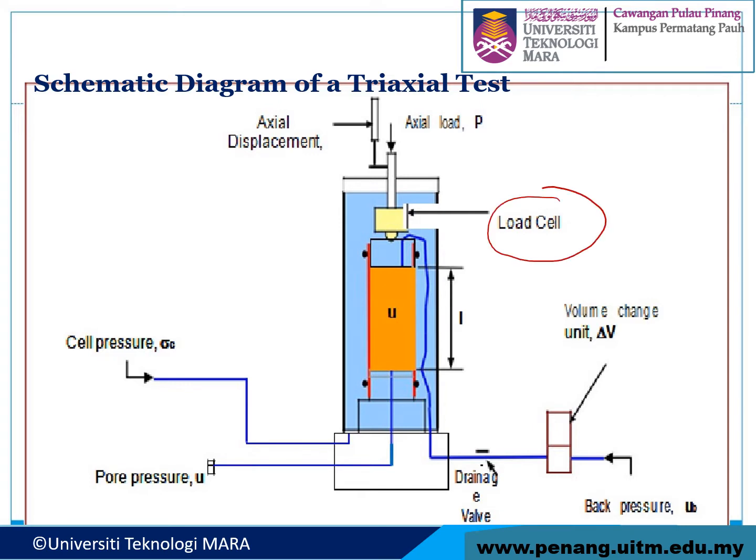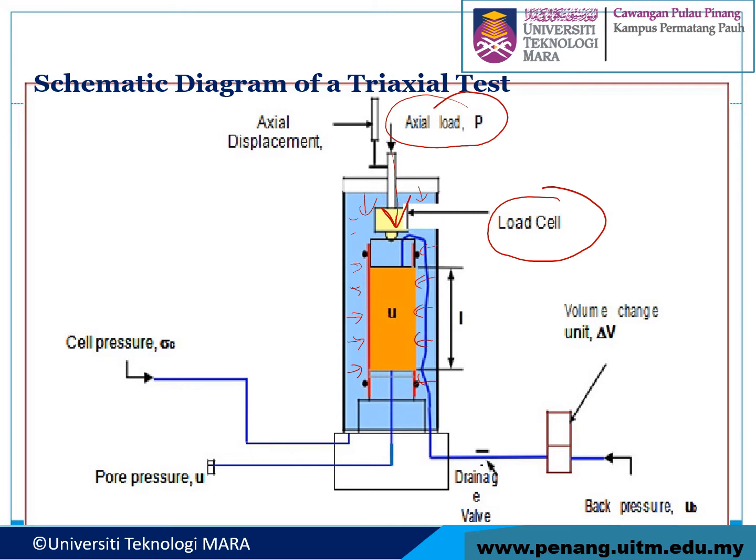The load cell is used to apply the axial load. So you apply the axial load at the top to the sample, and also here we have water. So in the water we will have the cell pressure. Alright, so we have the cell pressure here.